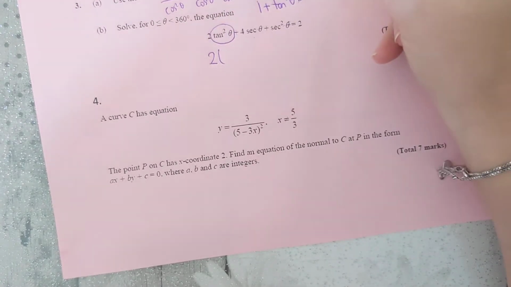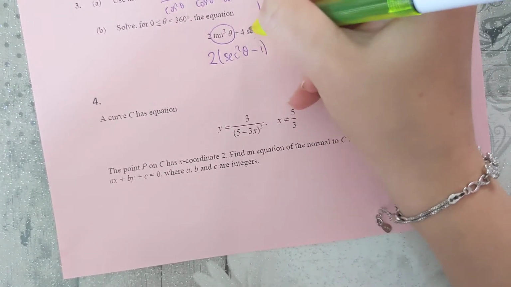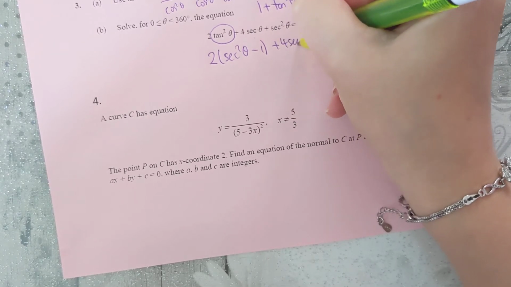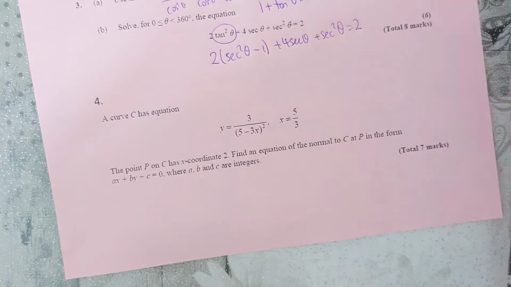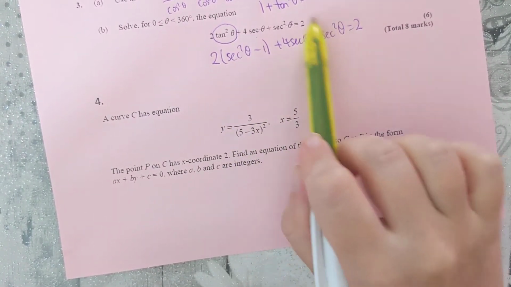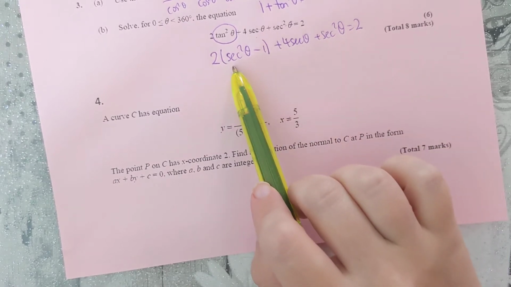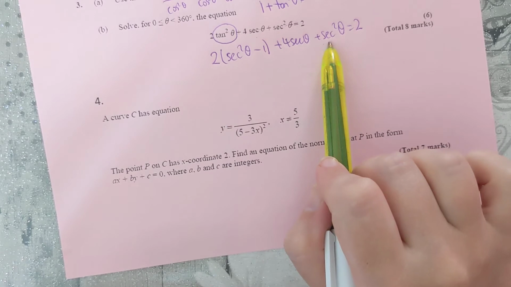So it would be 2 lots of sec squared theta minus 1 and then plus 4 sec theta plus sec squared theta equals 2. So you would need to, from here, expand your brackets, simplify it. So you're going to get 2 sec squared here plus this one. So you're going to get a 3 sec squared theta.